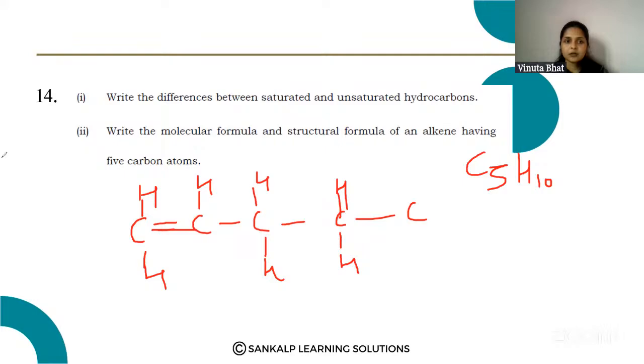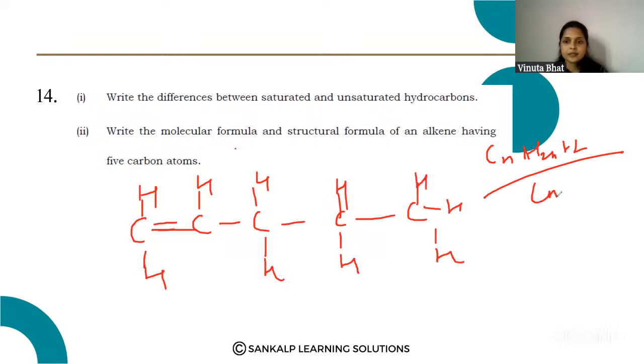What is the general formula of the alkene? CnH2n plus 2 is the formula of the alkane. For the alkene, it is CnH2n, so C5H10 is the formula of pentene.